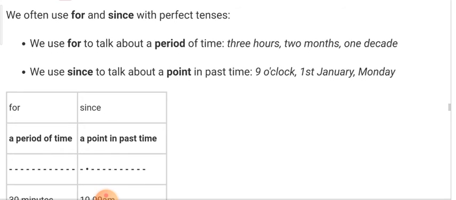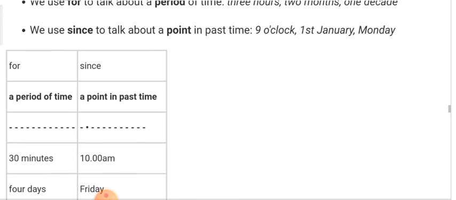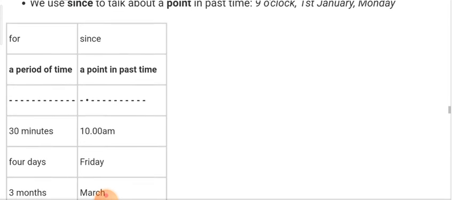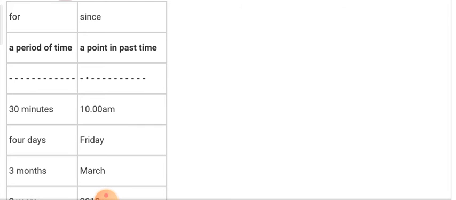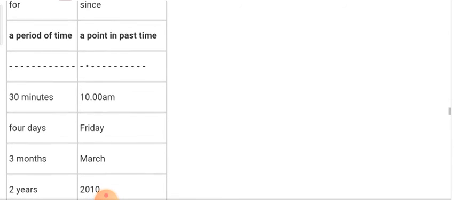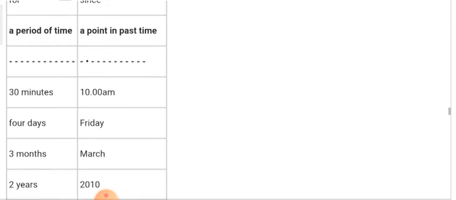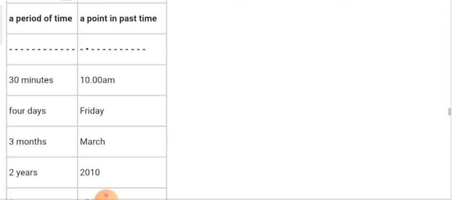Now you can see the box, so that you can understand very clearly. If there is 30 minutes, we use for. If there is 10 a.m., a particular time, but 30 minutes is not a particular time. So 4 days is not a particular day, but Friday is a particular day. 3 months is not a particular month, but March is a particular month. 2 years and 2010.